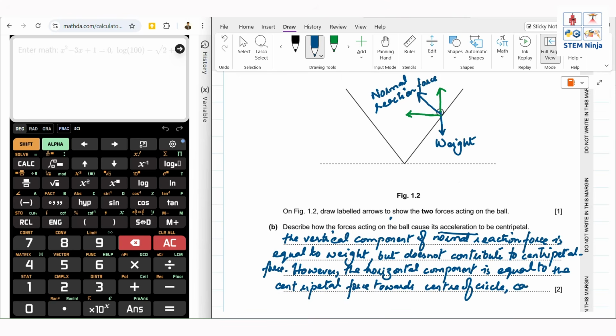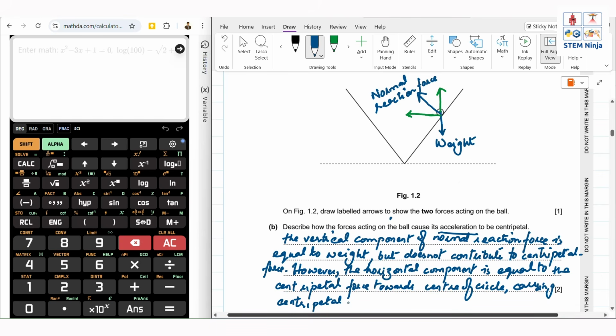You can end it with causing centripetal acceleration. That's it. So we needed to describe how the forces are causing the acceleration to be centripetal.